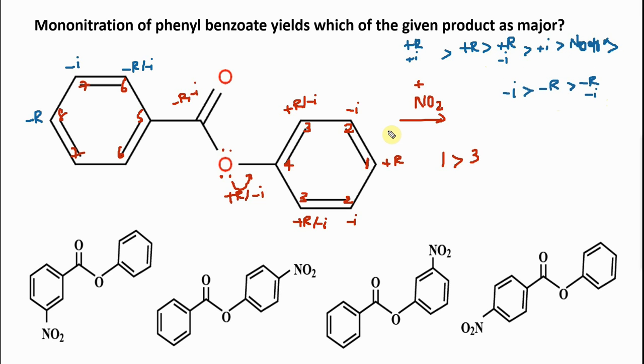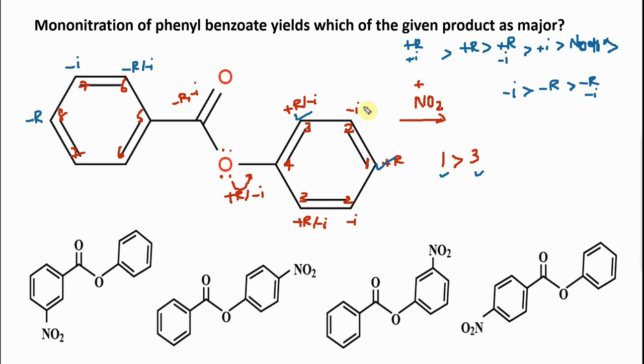Now look at positions. Plus R we saw first: plus R is taken by 1, 3 is taken. Is there any other plus R? No. What is next? Plus I: there isn't any here. No effect: not anywhere either, every place has an effect. You cannot substitute at this position. We always substitute at ortho, meta and para.